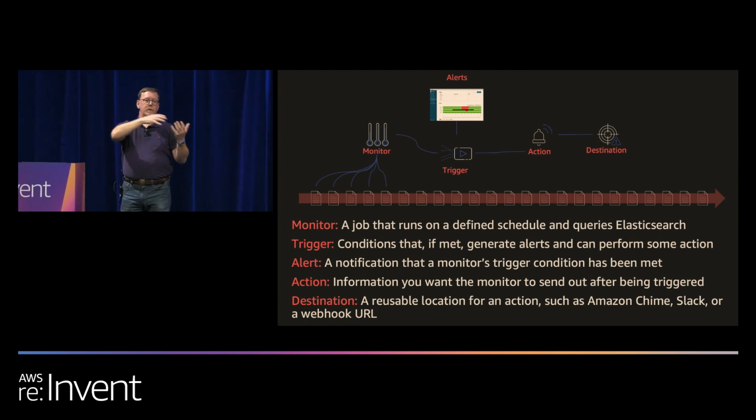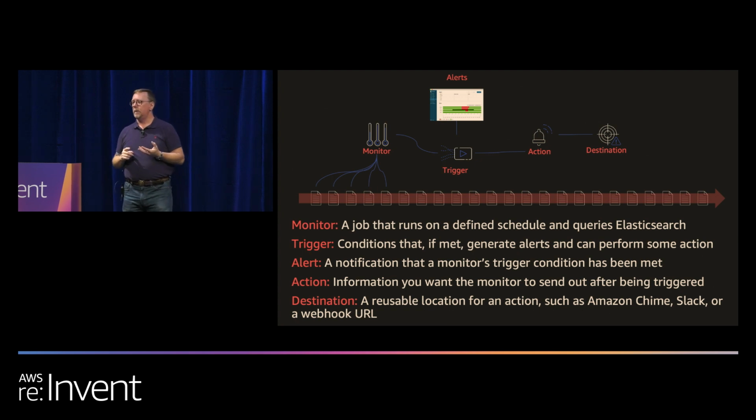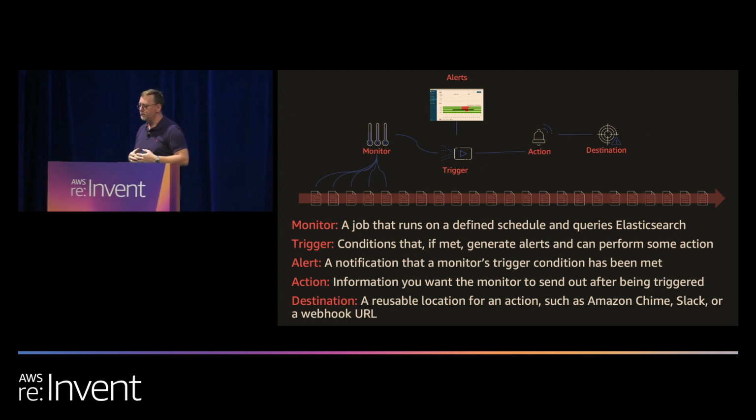So if the monitor produced number of failed logins greater than 100, this trigger becomes active. And when the trigger is active, it starts doing the actions that you define for that. The actions in this case are basically deliver a message to a destination. The destinations available, we have Slack, Chime, and custom webhook. You can actually send it out over to any webhook you like.